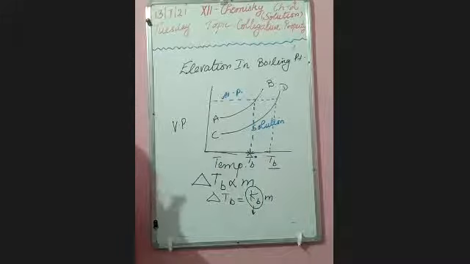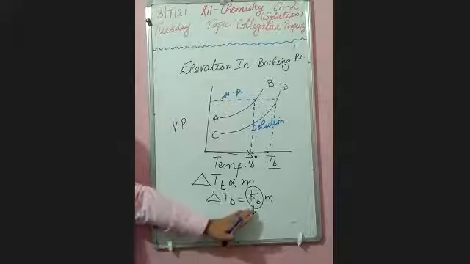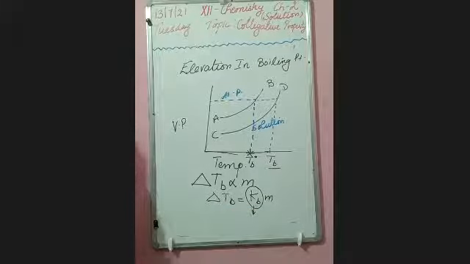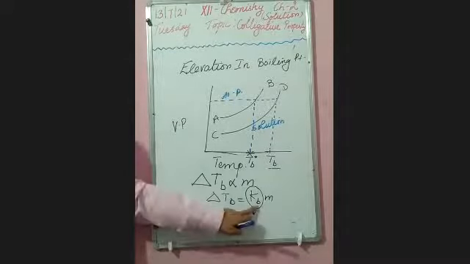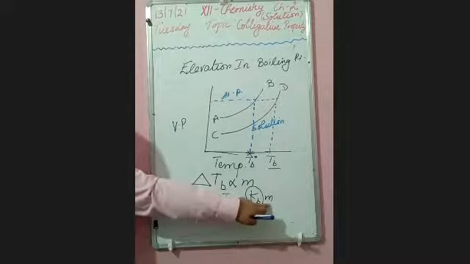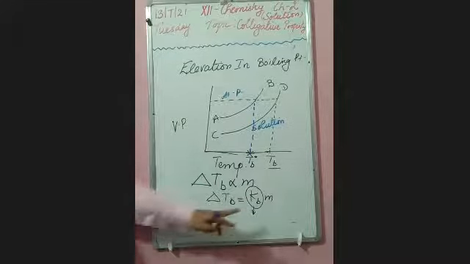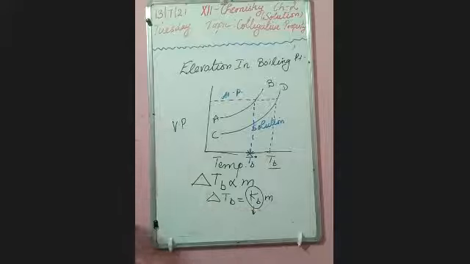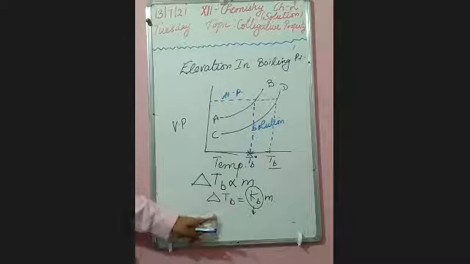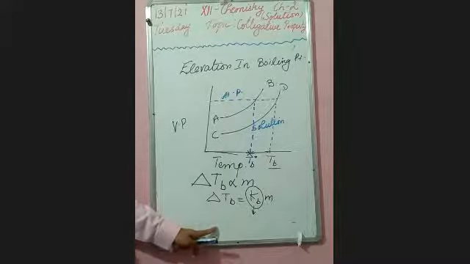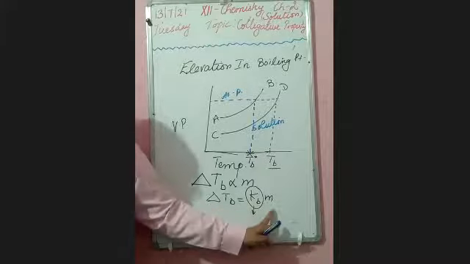So, dear students, if I ask, what is the definition of ebullioscopic constant or molal elevation constant? You can say that, suppose I am taking the molality of the solution as 1. So, you can say that it is the elevation in boiling point when molality of solution is 1.